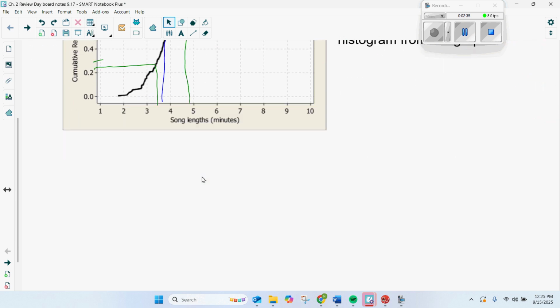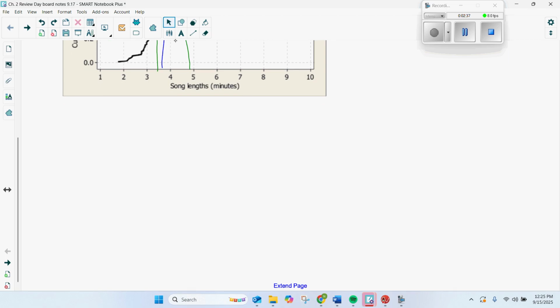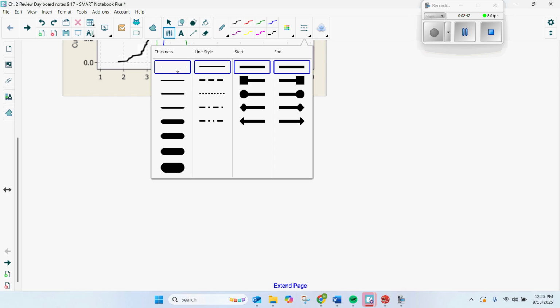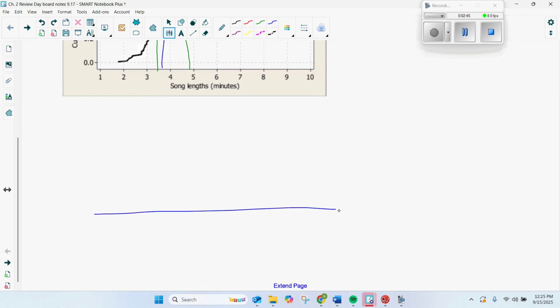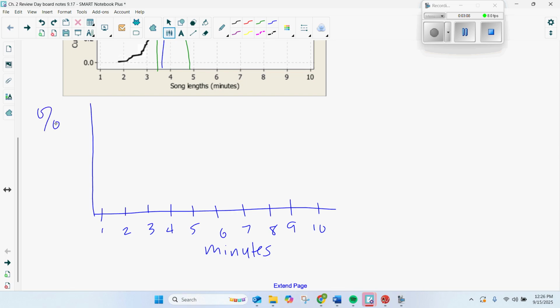So what I'm going to do is I'm actually going to create an x-axis that has exactly the same values as my graph above. So just kind of keep this the same. Okay, and it's still going to be minutes. My y-axis is going to be percents, but it's not going to add up to 100.